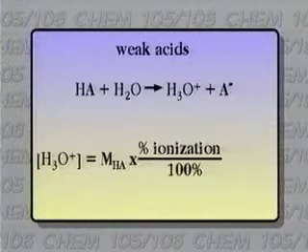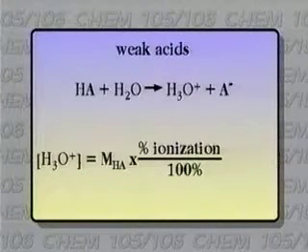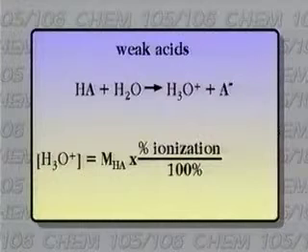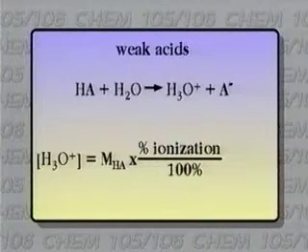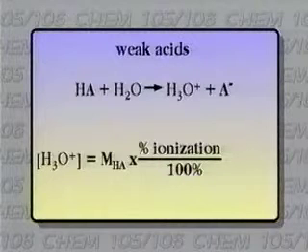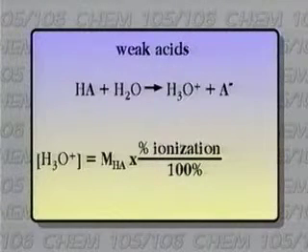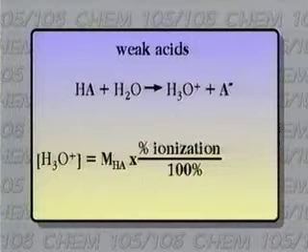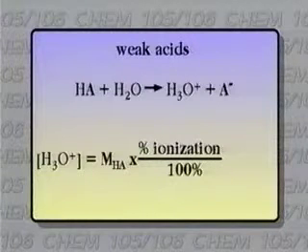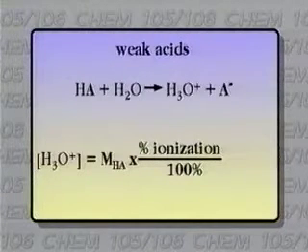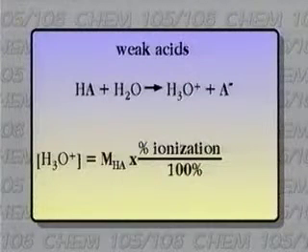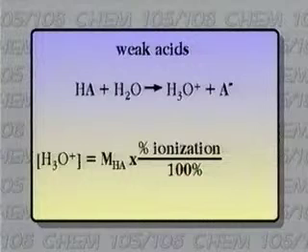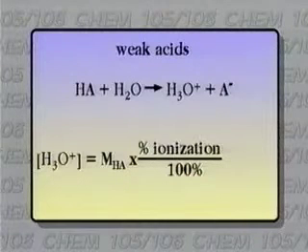The amount of hydronium ion we have, in this case, is not equal to the initial molarity, because only a small amount is actually undergoing reaction. As a matter of fact, the hydronium ion concentration in a weak acid is equal to the initial molarity times the percent ionization divided by 100, in other words, a decimal instead of a percent.